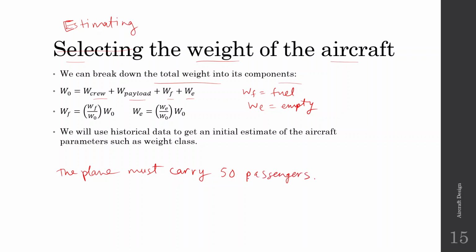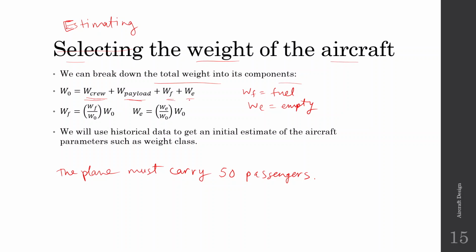So you might have a requirement like this. So from there, if you know that an average person weighs like 70 kilos, then you can multiply it and get an idea about the weight of the crew. Your requirement might also say that the plane has to carry 1 ton of cargo. So from that you can get an idea about the crew and payload weight.